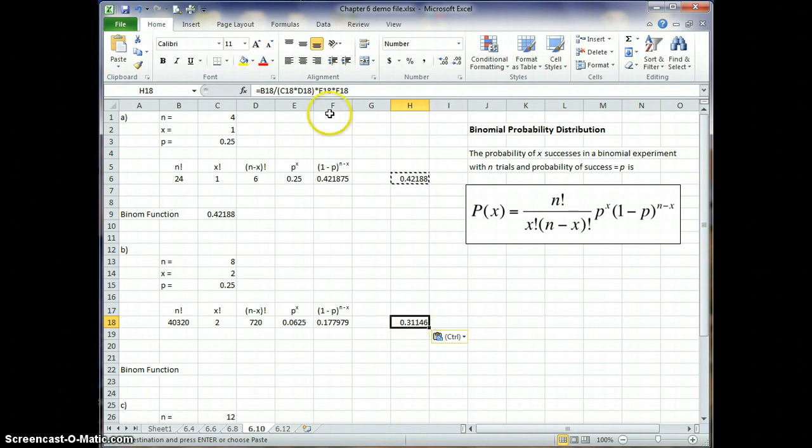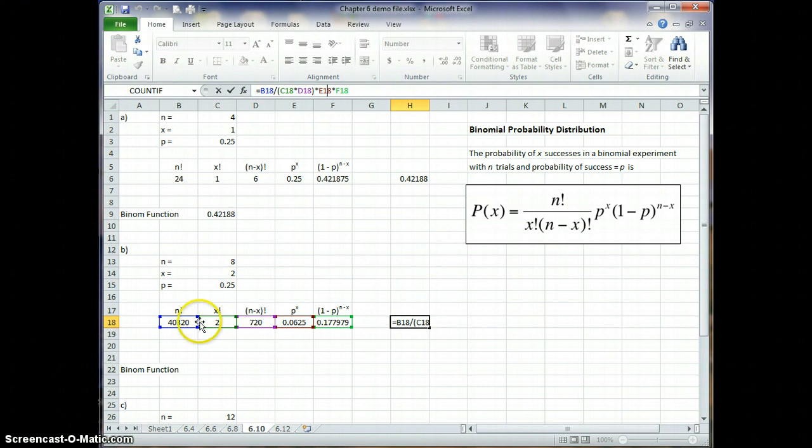Because basically now watch what happens. It's taking the n factorial divided by x factorial times n minus x factorial times the probability to the x times 1 minus the probability to the n minus the x.